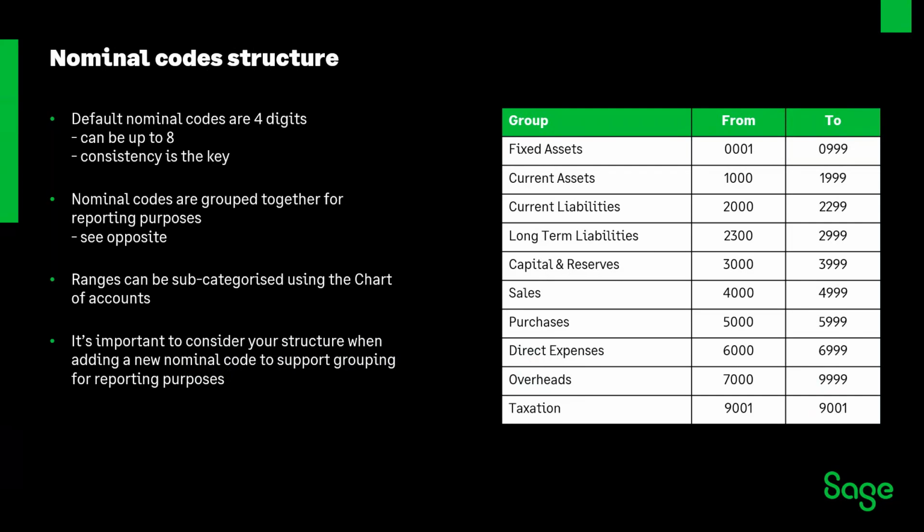So again, you've got your main ranges. So for sales, for instance, you've got 4,000 to 4,999, but you'll have subcategories within that as well. It depends on the analysis. So when you produce a profit and loss, what sort of breakdown do you want to see? Do you want to see just individual nominal codes? Do you want to have the ability to group nominal codes together?